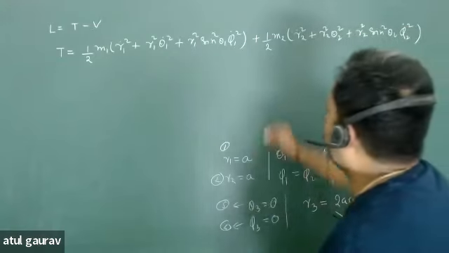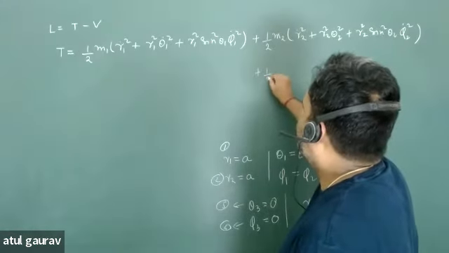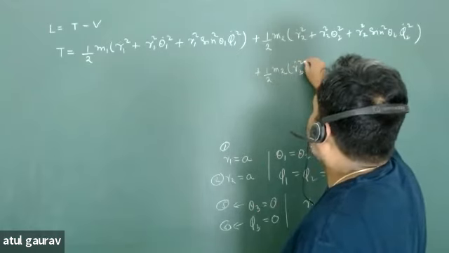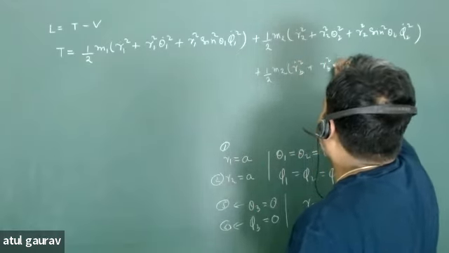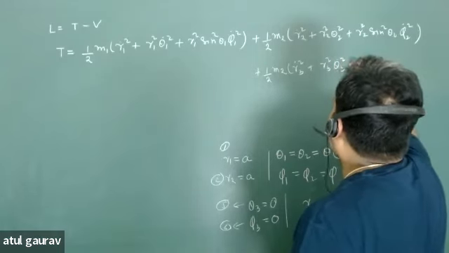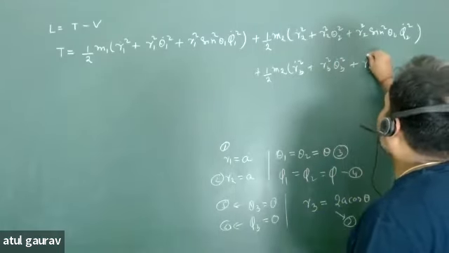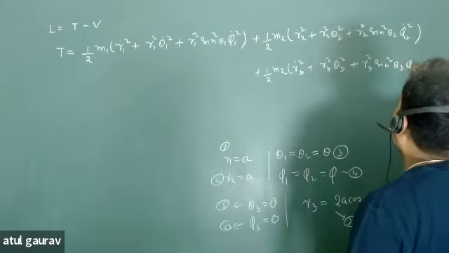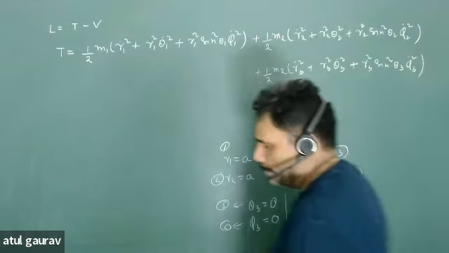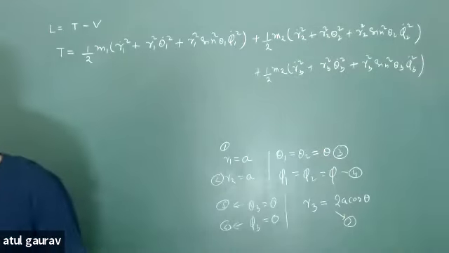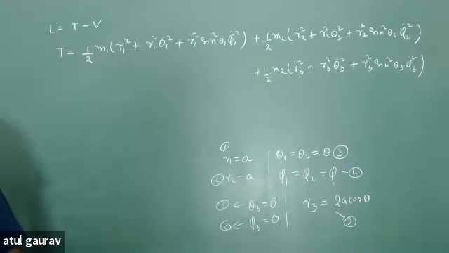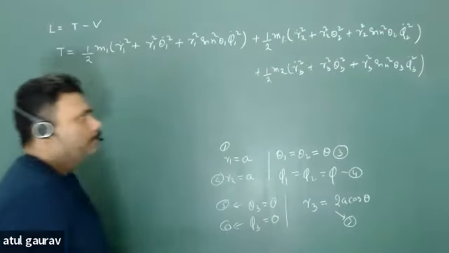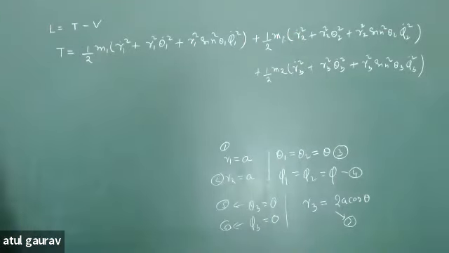Now for the third particle, plus half m2 r3 dot square plus r3 square θ3 dot square plus r3 square sin square θ3 phi3 dot square. For the second particle it should be M1. Okay, good.